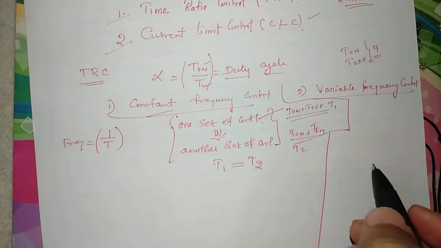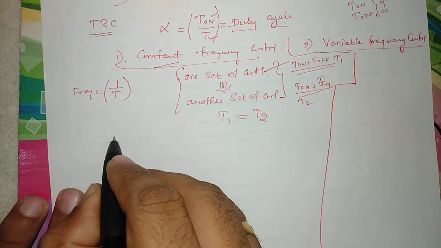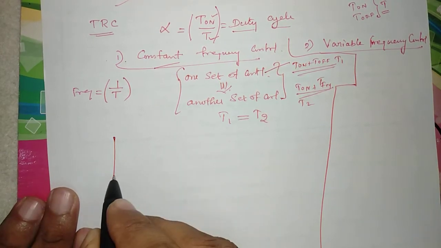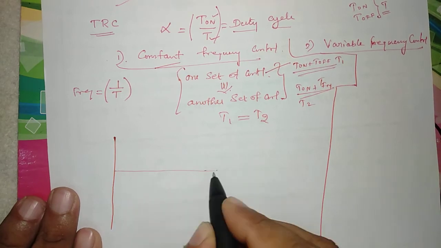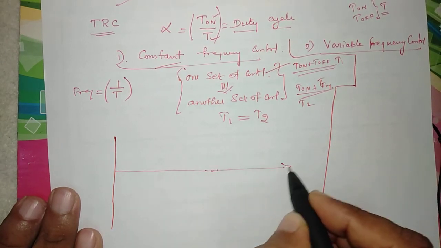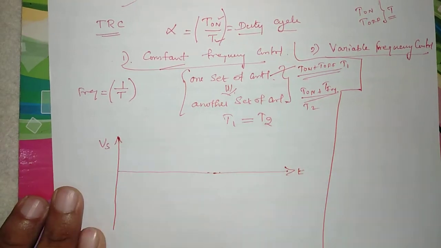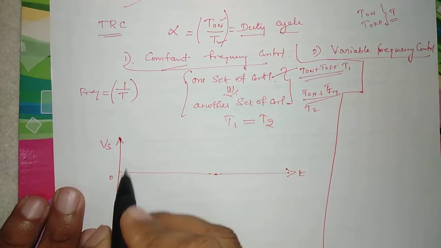For example, we have a supply voltage obtained in the output voltage. So we have one graph, with x-axis time and y-axis supply voltage, starting from 0.